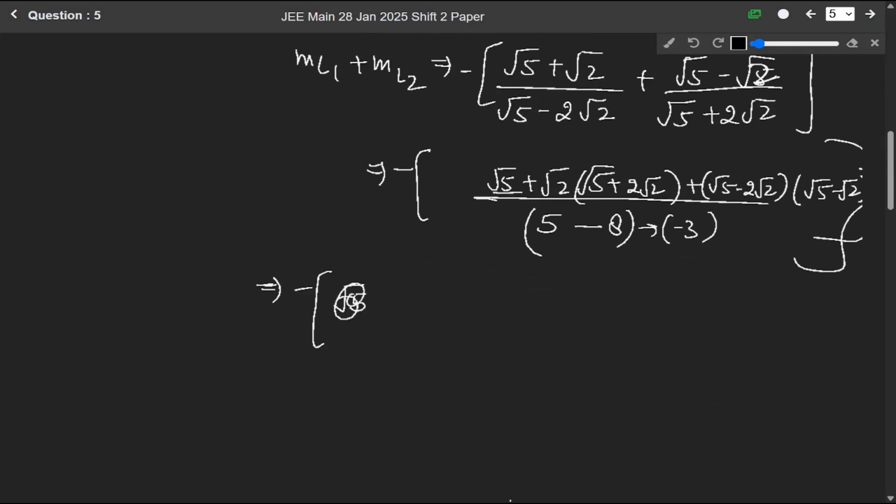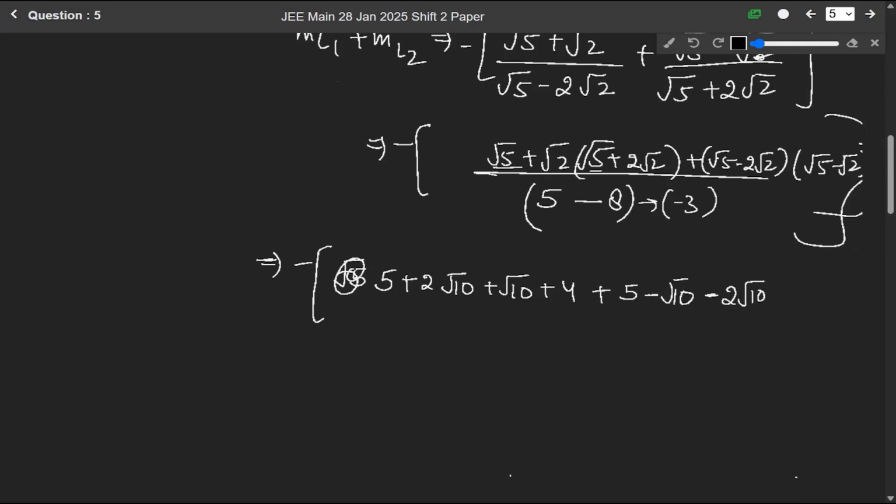Okay, root 5 into root 5 will be 5, plus it will be 2 root 10, plus root 10, plus 2 into 2, 4. And this will be plus 5, and plus minus minus means root 10. This will be minus plus minus 2 into root 10.